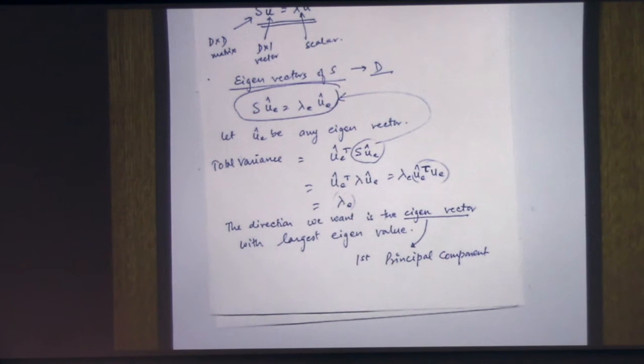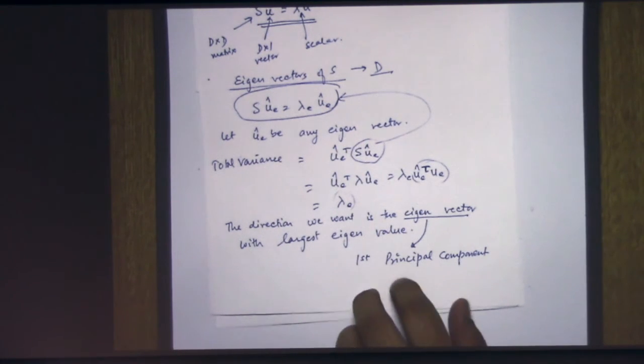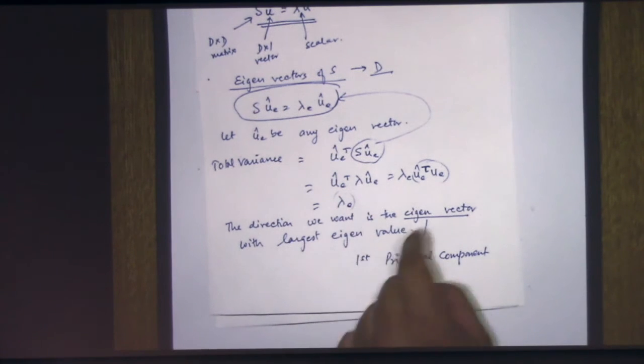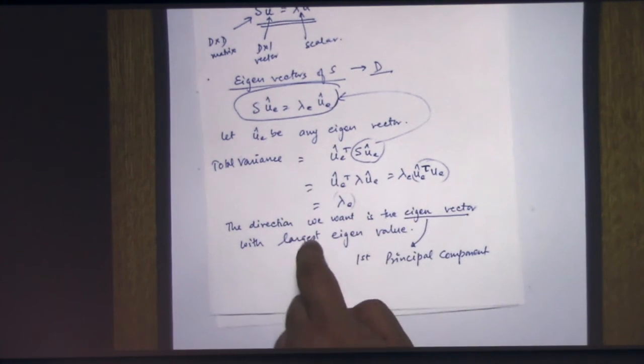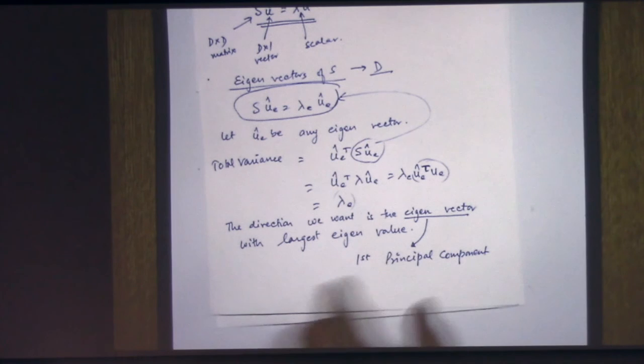Now, your objective might change. Instead of maximum variance, let's say you don't care about maximum variance at all, you care about something else. Then maybe this is not the right answer. But if maximum variance is what you want, which is a reasonable thing to expect, then you go for the eigenvector with the largest eigenvalue, which in this context is also known as the first principal component.